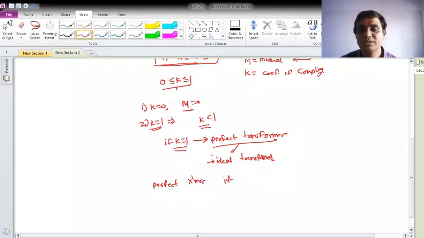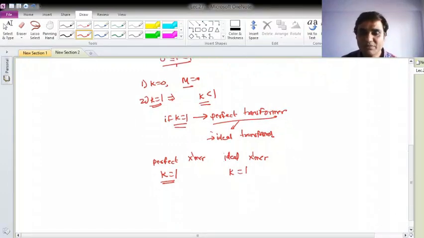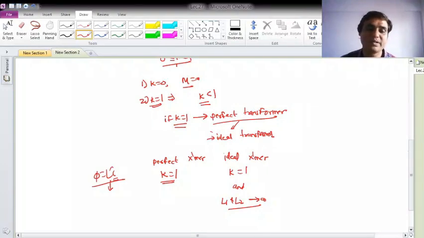In a perfect transformer, as we said, the coefficient of coupling is 1, but in an ideal transformer also K is equal to 1, and there is one more condition, that your self inductances L1 and L2 are very large, that is, they tend to infinity. Since phi is equal to Li, if L is large, a very negligible amount of current is required to produce the flux. This is the condition for the ideal transformer.